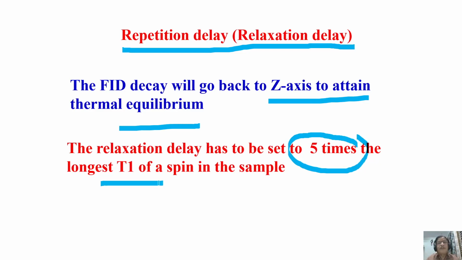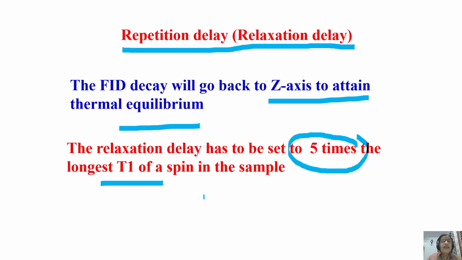You put the value into that equation, Mz equal to M0 into 1 minus e to the power of minus t by T1. Then you will find this factor turns out to be 99.999, whatever, second or third decimal you can take. That means Mz is almost equal to M0. The magnetization would have recovered 99.99% along the z-axis. Then you apply another pulse to get the signal.